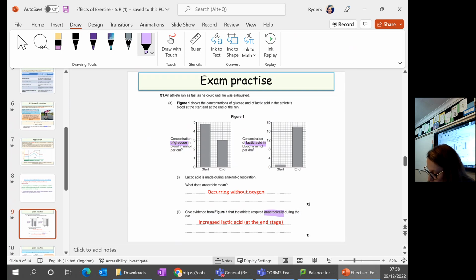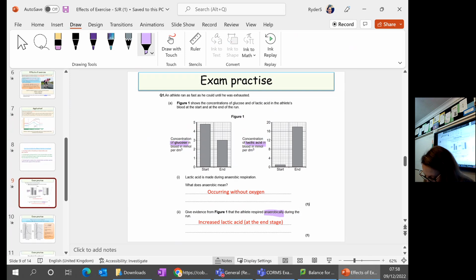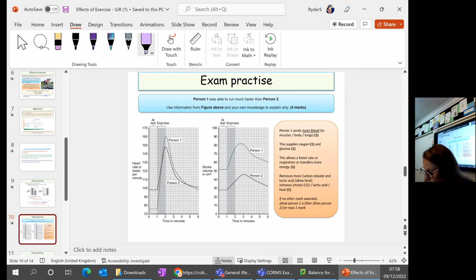I need to look at my second graph here, and essentially my lactic acid has increased at the end compared to at the start, and therefore that is my evidence for anaerobic respiration, because lactic acid is the only product in anaerobic respiration, okay?